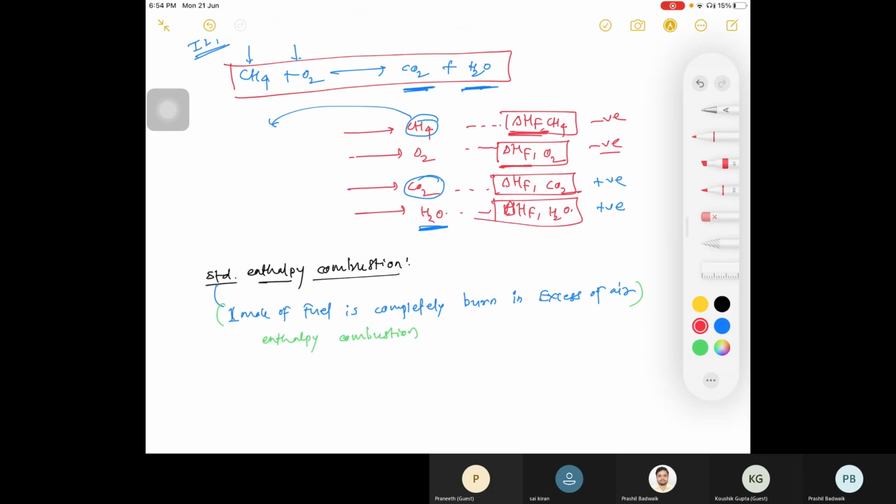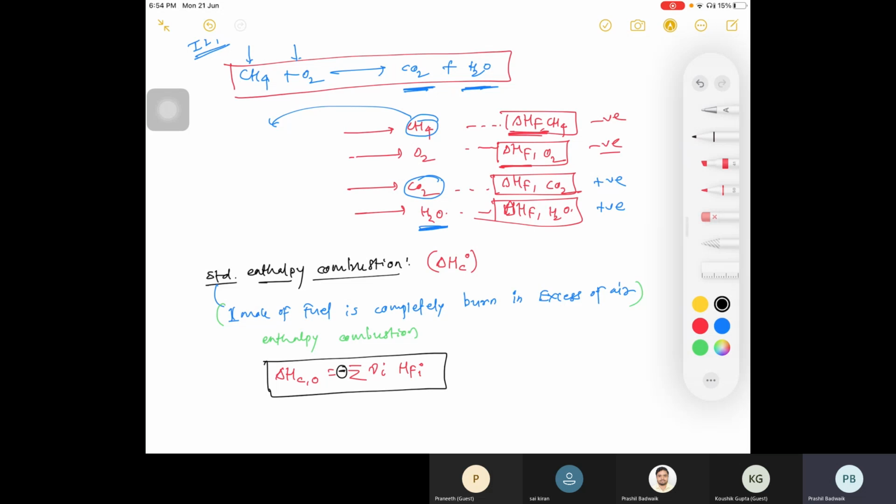Now, whenever I am writing this enthalpy of combustion, that is your delta H C naught, I'll write it as the summation of nu i into HF i, but with a negative sign here.